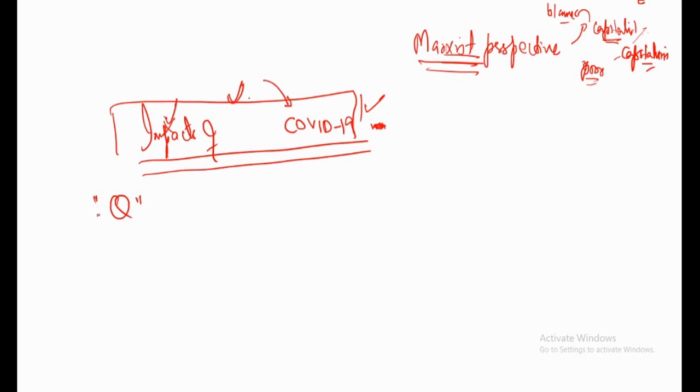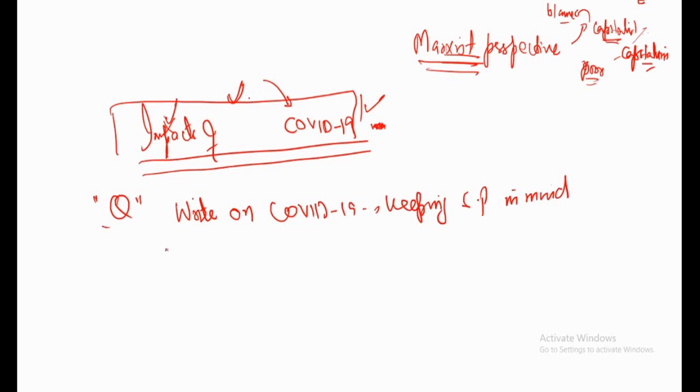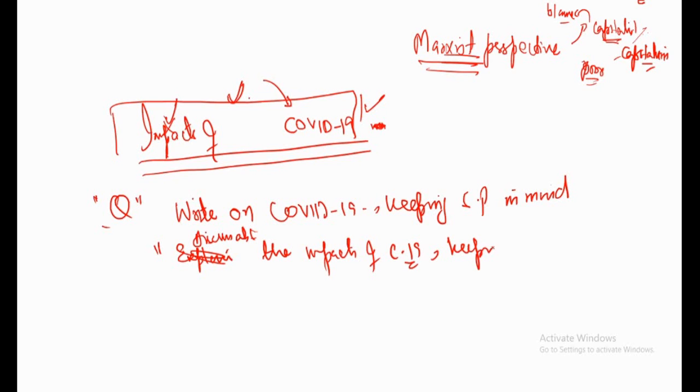Or the question can come, right? Let's first write the question. Write on COVID-19, keeping sociological perspective in mind, or the question can be: explain or discuss the impacts of COVID-19, keeping sociological perspective in mind.